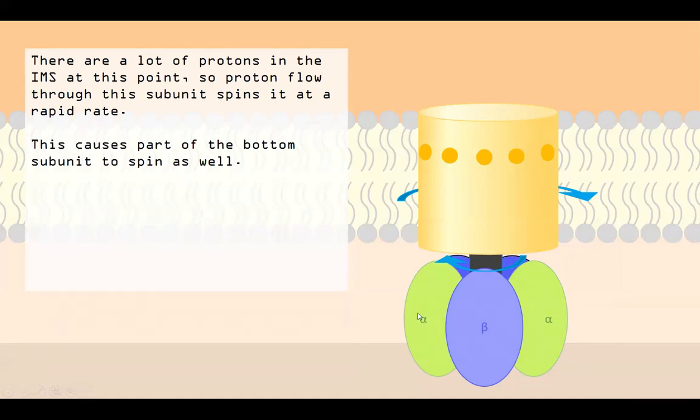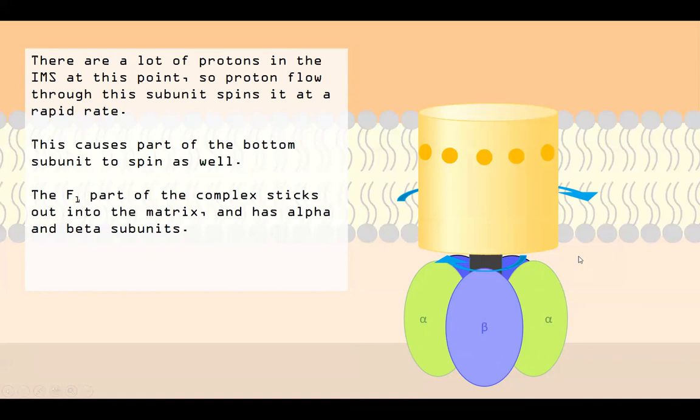It's going to be composed of alpha and beta components. So we can just think about this stalk spinning within this ring complex. So the F1 part, we're sticking out. We've got alpha and beta subunits, and these are going to catalyze the creation of ATP from ADP.